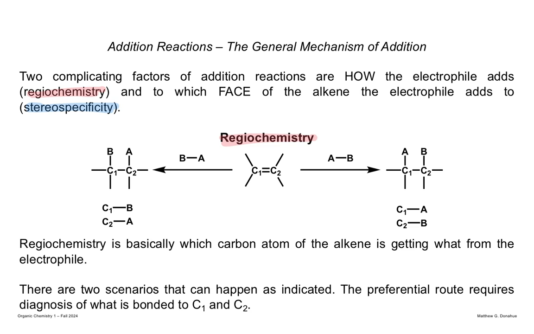And the connection between the two is the mechanism of the addition. So that term probably won't be as clear until maybe Friday or next Monday, when we get into some other reactions.